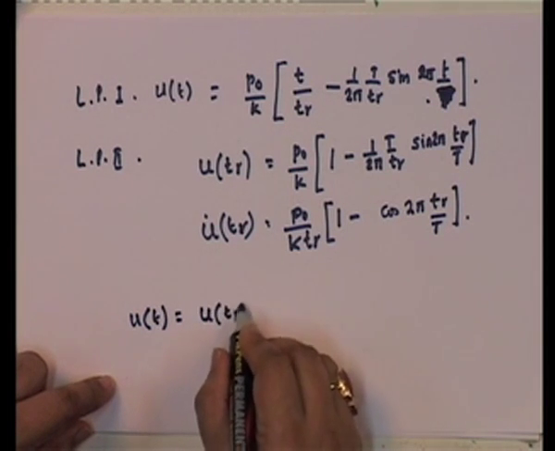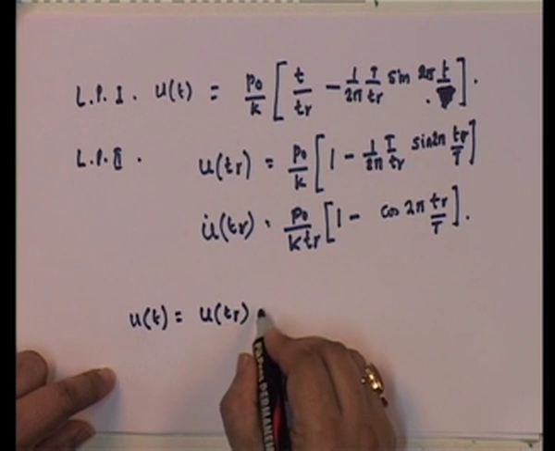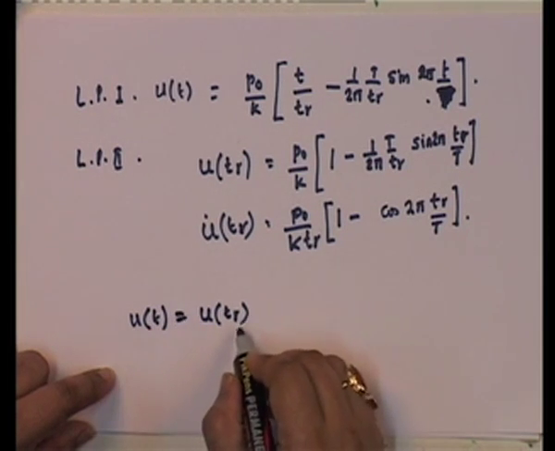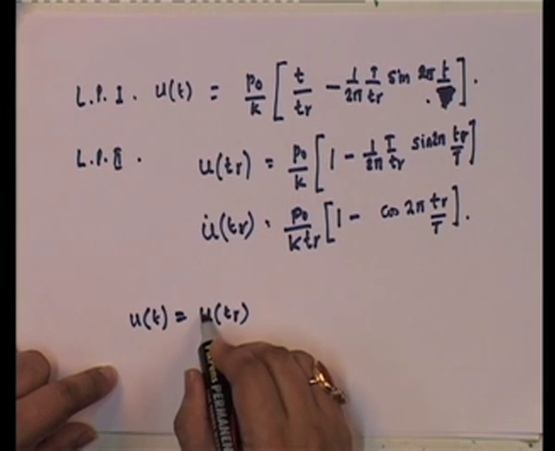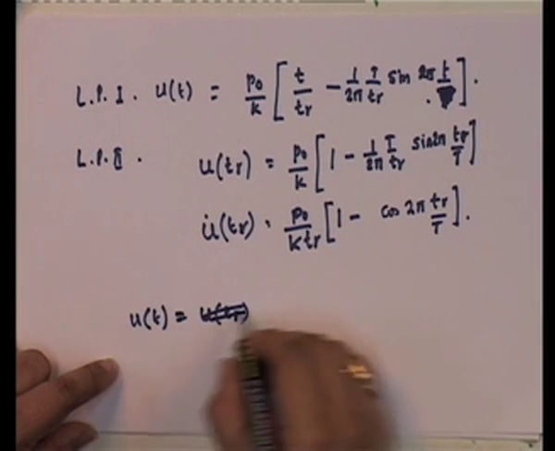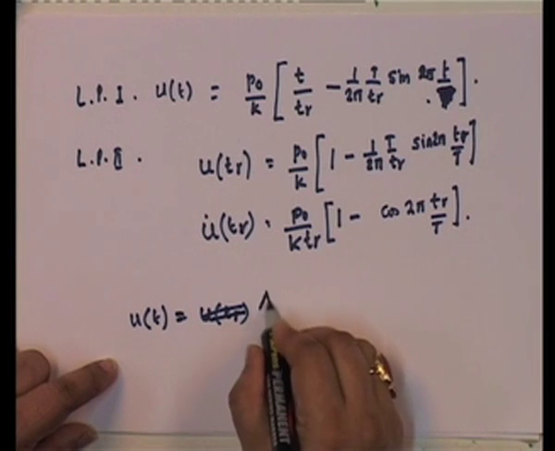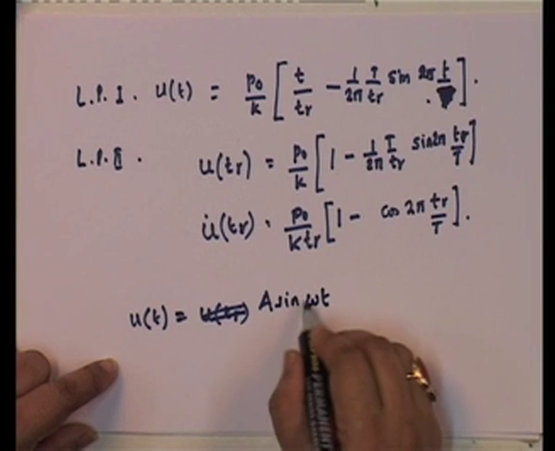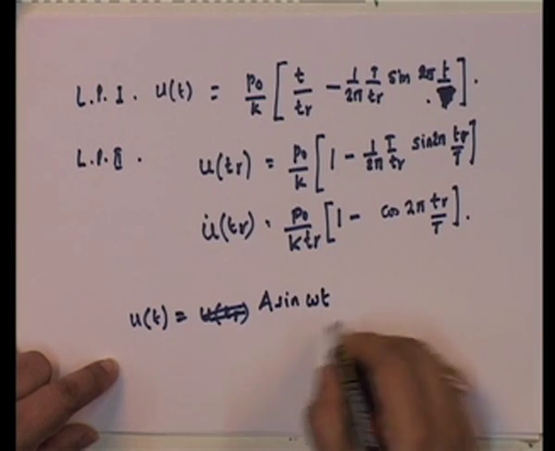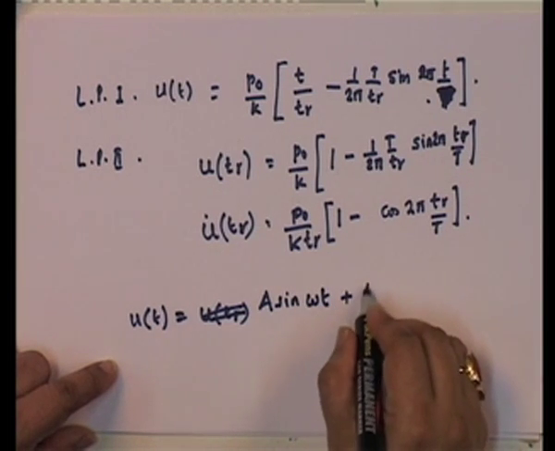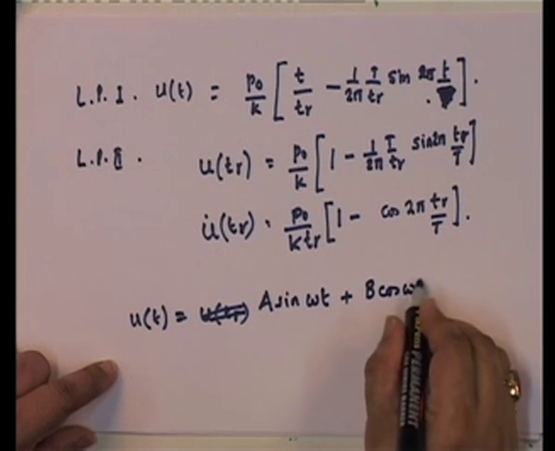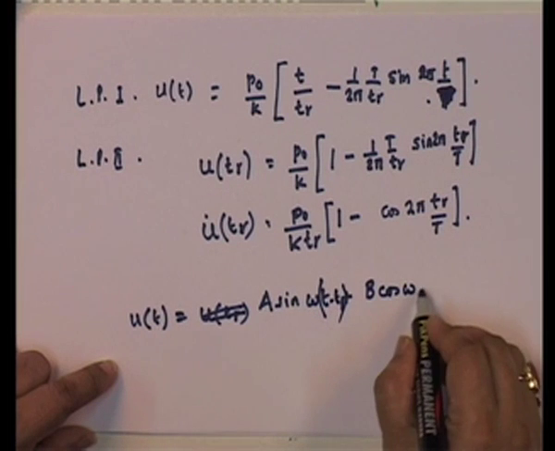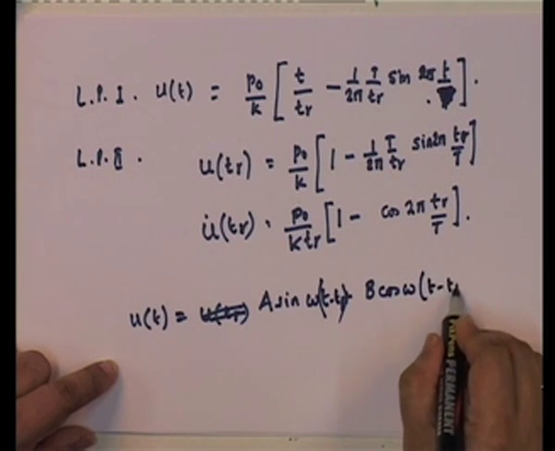u(t_r). Okay. So, these are my u(t) and u(t_r)'s. So, my u(t) becomes A sine omega t. Again, omega t is nothing but 2 pi t upon T. So, I am not writing it down in cosine omega, and this one I am going to make as cosine of t minus t_r.